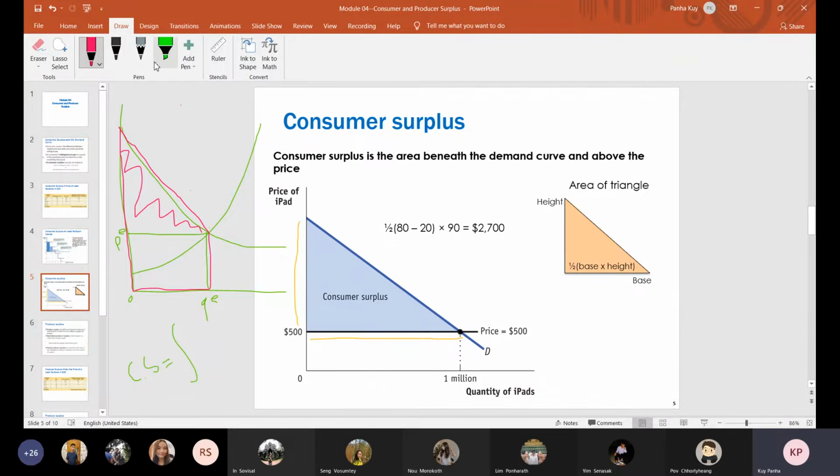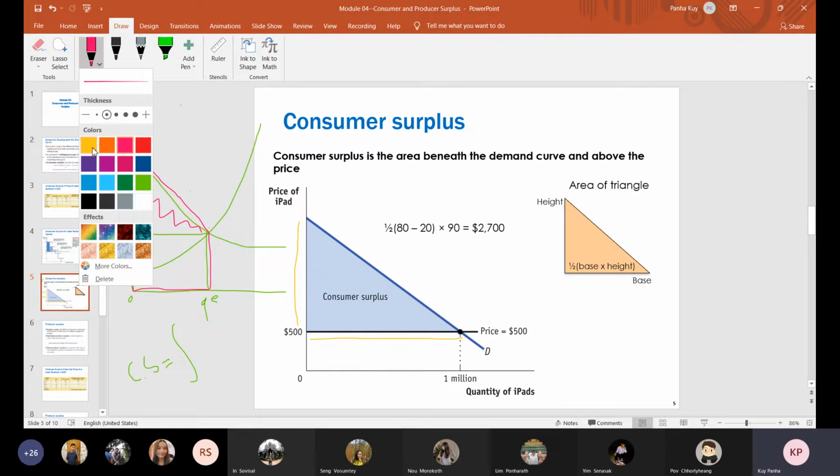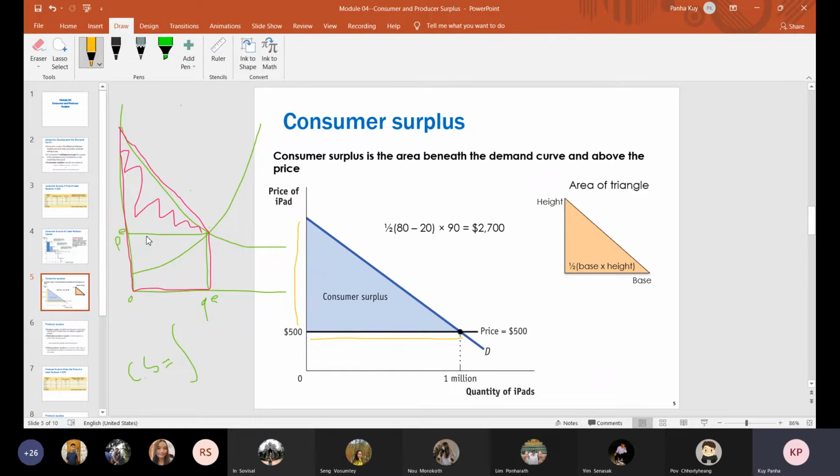And then you need to minus this area, right? In order to calculate the area that I highlighted in the pink ones, you need to minus this area.